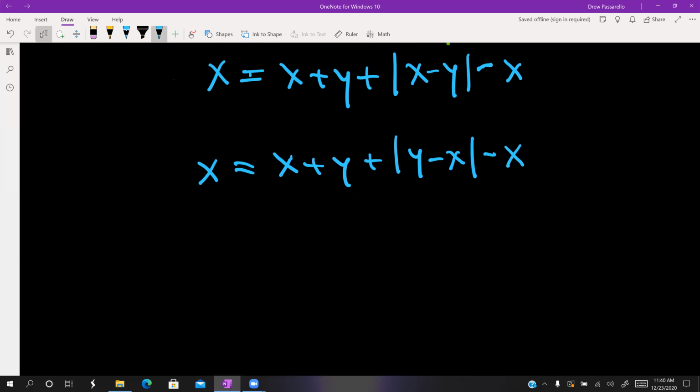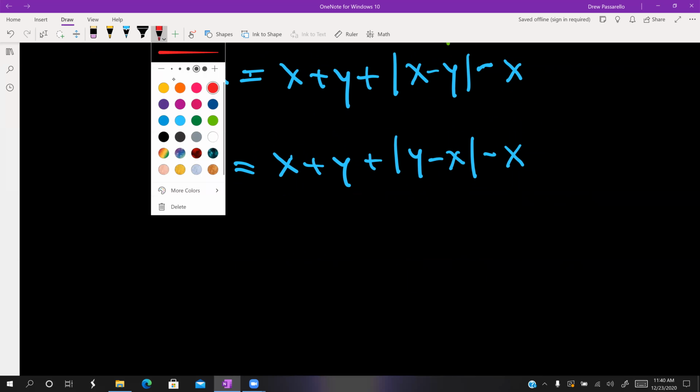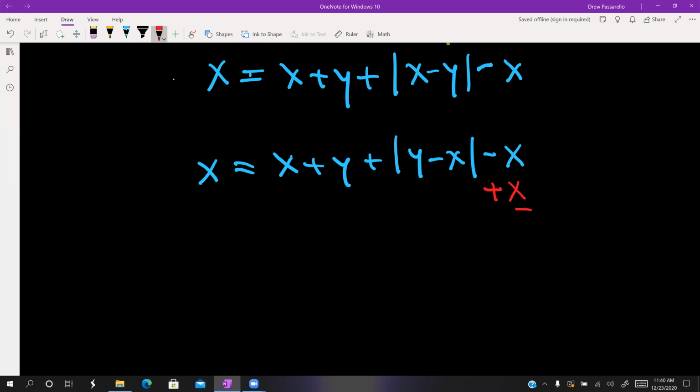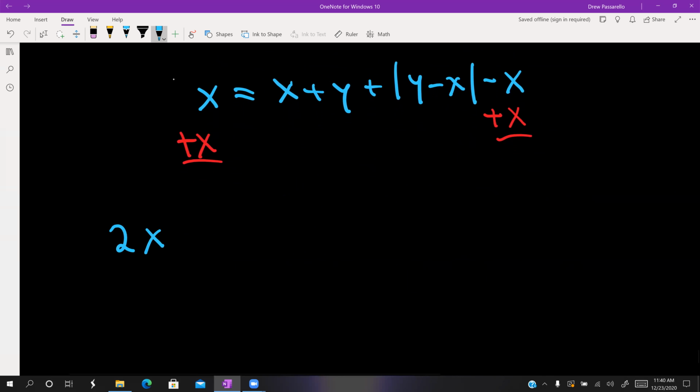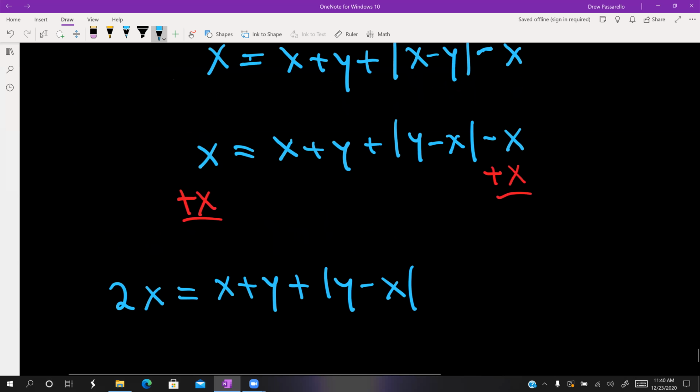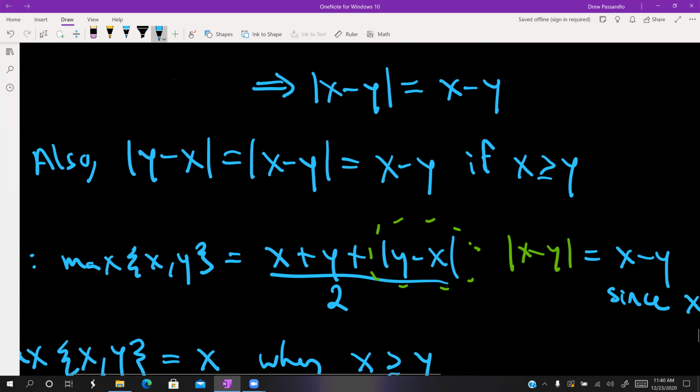So I can add x to both sides to get rid of that x. So then I have 2x equal to x plus y plus the absolute value of y minus x. And so I'm almost there because I'm trying to show that the max of x and y is, again, x plus y plus the absolute value of y minus x.